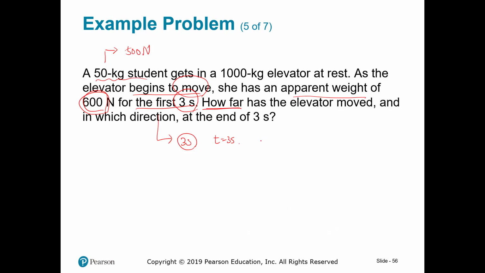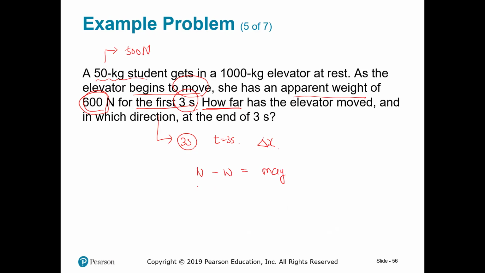How far? So basically you're looking for delta x, right? So then what is your acceleration? You can find your acceleration: your normal force is acting upward, and then weight is acting downwards, which is m a_y, right?